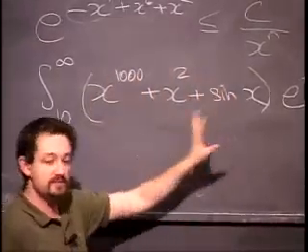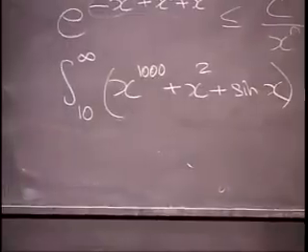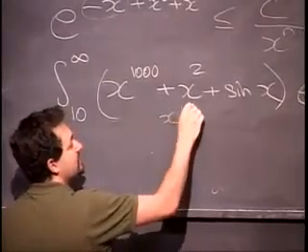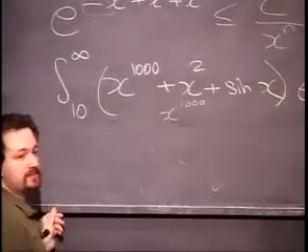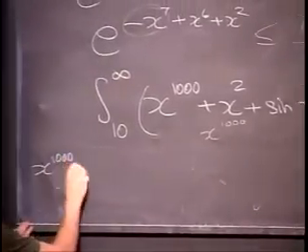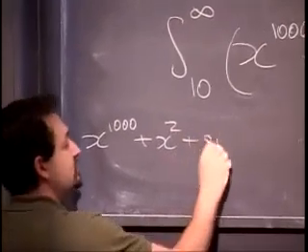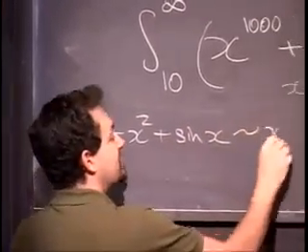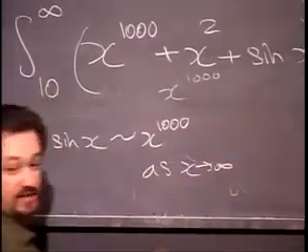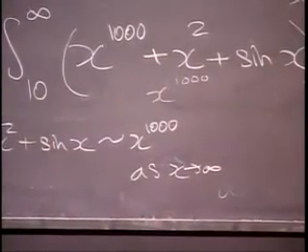So the first thing to do is going to be to get rid of this. Now, this is not the only way to do this problem, but I kind of want to just mentally replace it by x to the 1,000. So let's use the limit comparison test first. x to the 1,000 plus x squared plus sine x behaves like x to the 1,000 as x goes to infinity. And along the lines of your question from before, is it always like this?